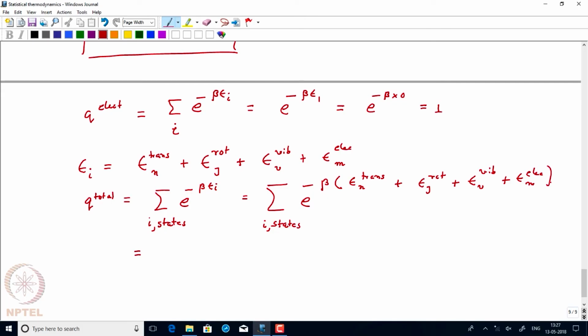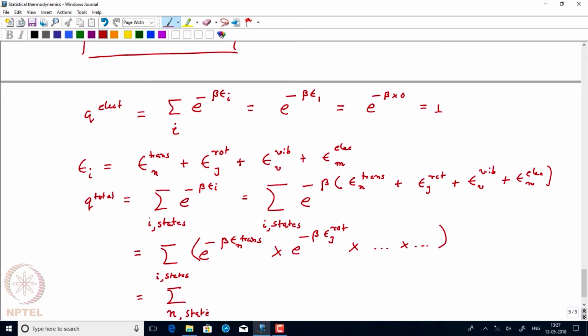Now we can write this in the next step as a sum over states of e to the power minus beta epsilon n translational, times e to the power minus beta epsilon j rotational, times vibrational, times electronic, and then we can separate these terms. We take the sum over n first, which is the translational part.